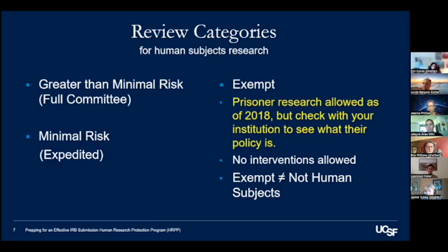Right now, I only know of University of Washington that has posted guidance on that. At UCSF, we actually are looking at everything under expedited review, even if it does fall in an exempt category. That could change. We could always discuss that if it comes up. So if it doesn't fall under that minimal risk category, it would go as greater than minimal risk and be under full committee review.